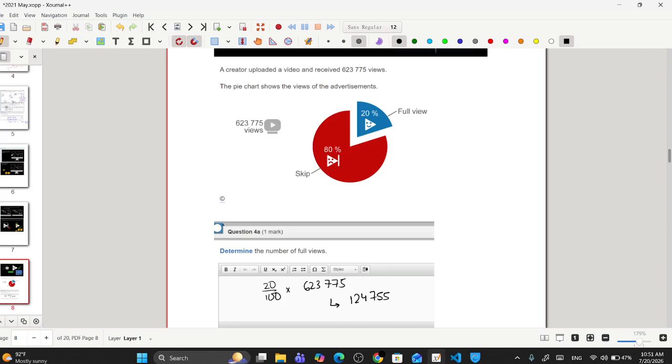All right, let's move forward. Okay, the creator pays a fee of $150 to the video sharing platform.